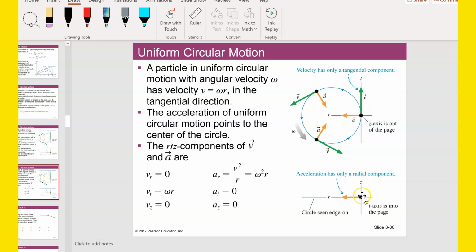The positive r-axis is pointing to the left here. And the t-axis is actually coming out of the page toward you. If we're looking at the rear end of it, then the positive t would actually be going into the page, and the negative t would be coming out of the page.